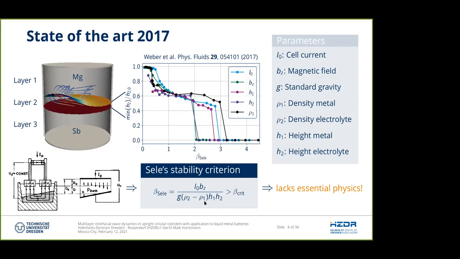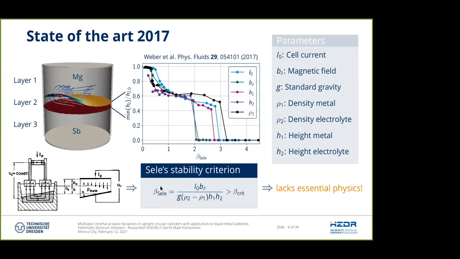And it is given by this formula where you have the product of the total current and the magnetic field over the gravity, density differences and the heights of both of the metal layer, here of the electrolyte layer and the upper metal, because here this criterion is applied to the upper interface which is unstable.